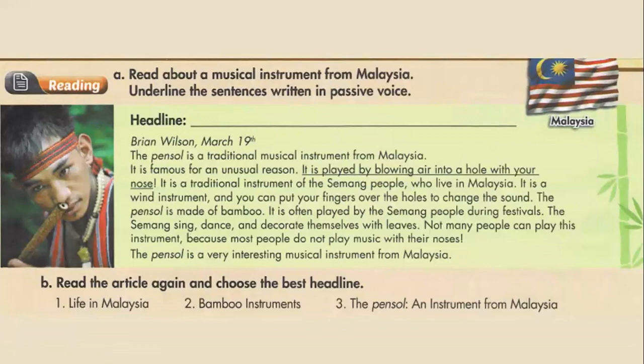So we talk about this kind of stuff, we talk about the pensol itself in this article. So number 3 is the best headline for this article. Now that you know how to make a headline in an article, I hope that you learned from me. Thank you.